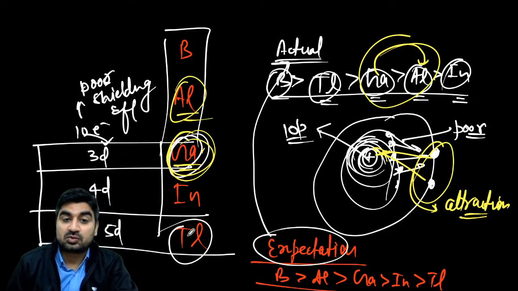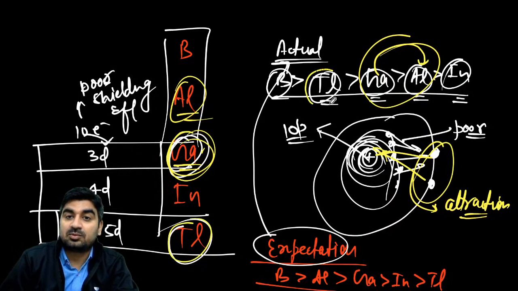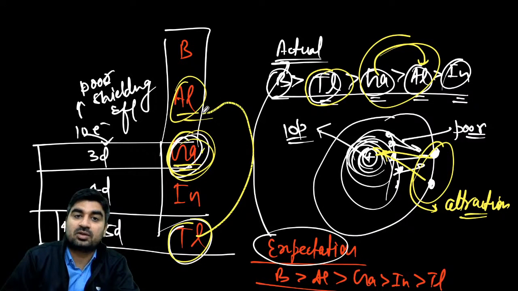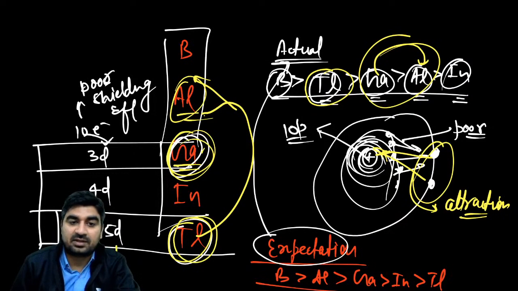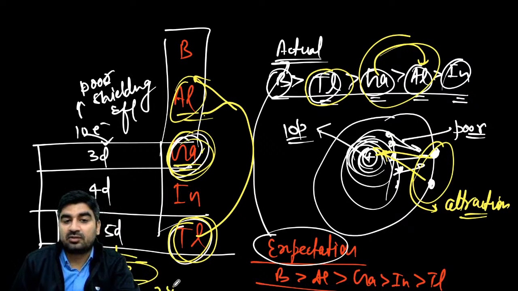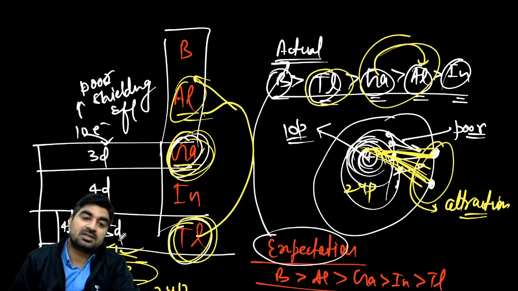And due to the same reason, why did thallium jump to the second position? What is the reason? Before thallium, 10 electrons are added in the d and 14 electrons in the f. So along with these, 24 protons will also be added, and those 24 protons will attract the outer electron with a very strong force, but their repulsion is poor.